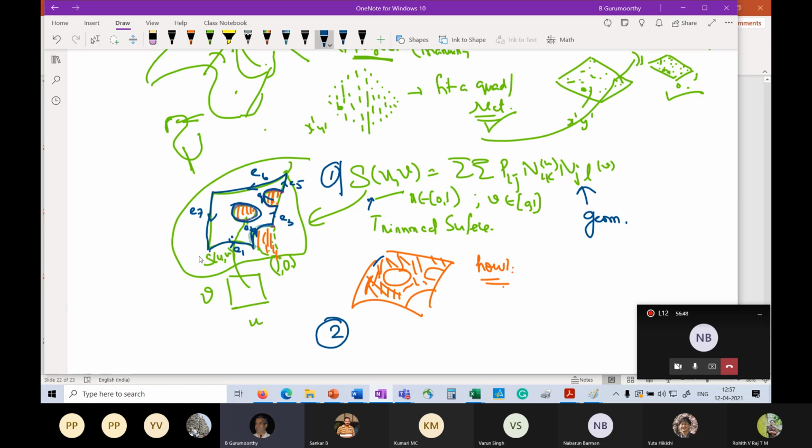And each edge, I can define its boundary as V1, V2, V3, V4, V5, V6, V7, and V1, right? And therefore, the second piece of information I store is a list of edges, E1, E2, E3, E4, E5, E6, E7, and then it turns back to E1, or I can store it as vertices V1 all the way till V1.